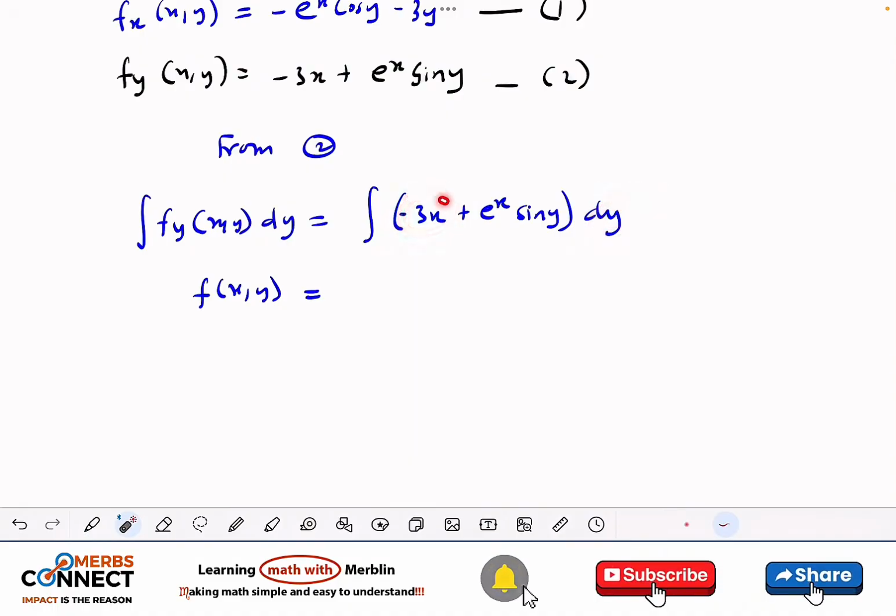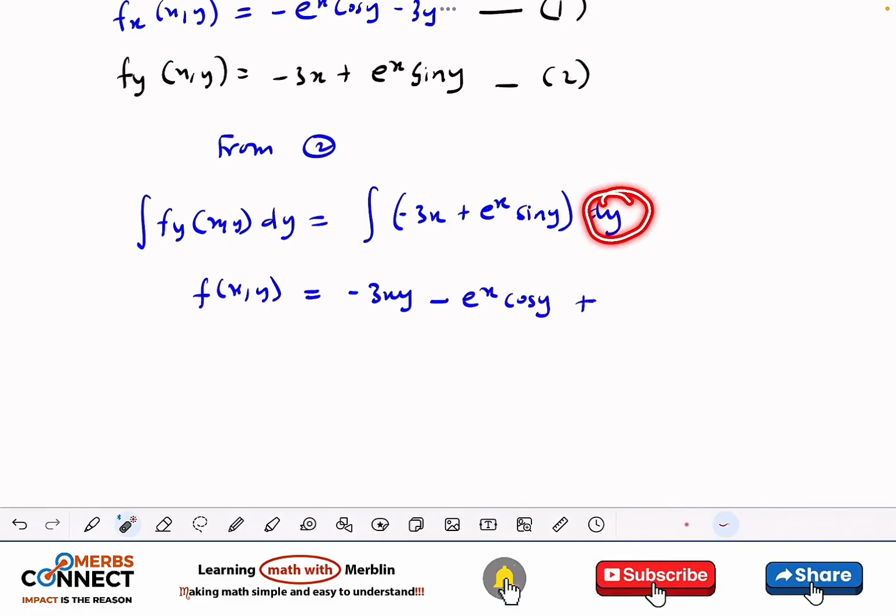This is a constant. So I'm going to have minus 3xy plus, now I want to integrate sin y because e^x is constant. When I integrate sine, I'm going to get minus cos. So this is going to give us minus e^x cos y plus, good.